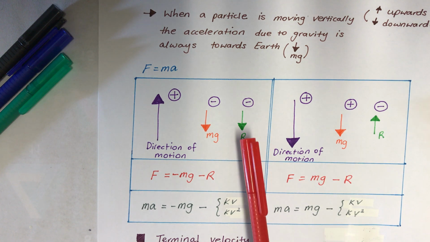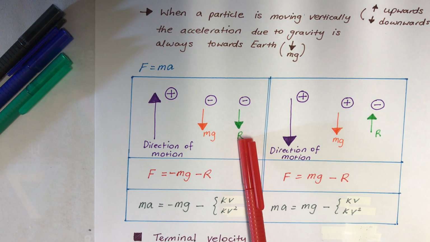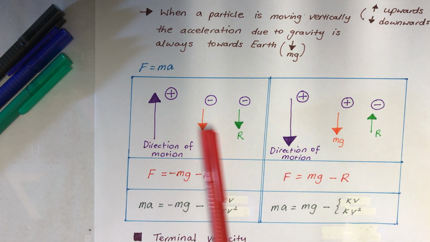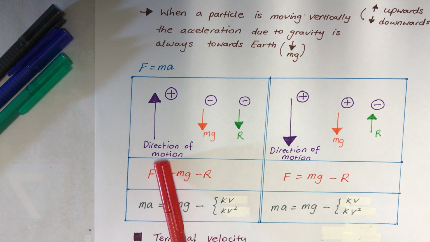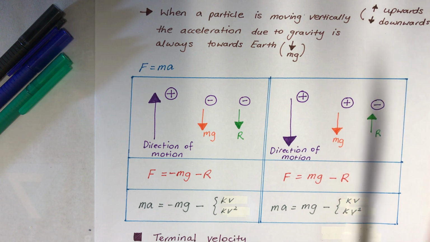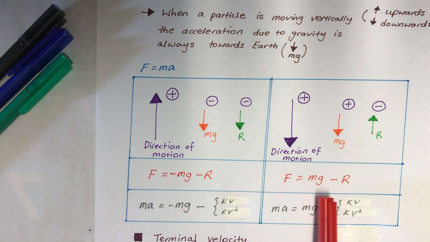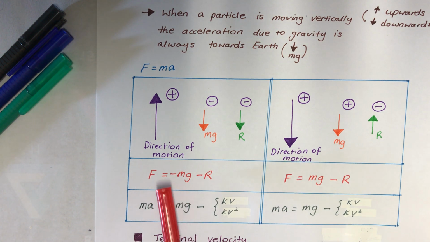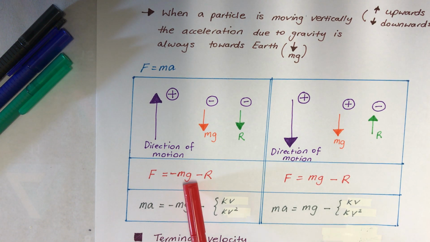The resistance force is always opposite to the direction of motion. If it's going up, it's down. If it's going down, it's up. And that will be expressed in force form.